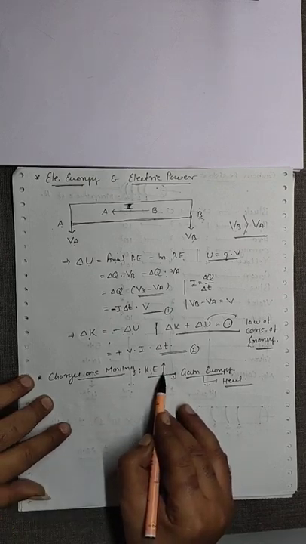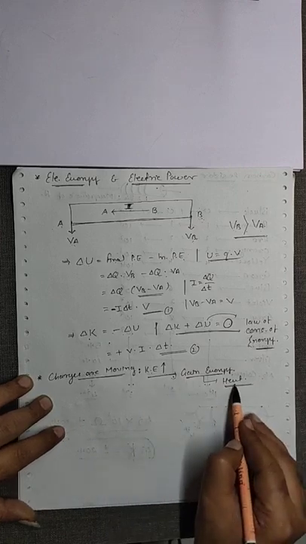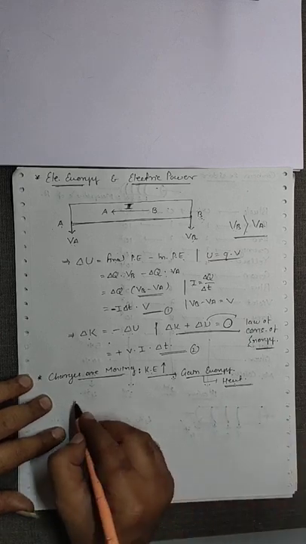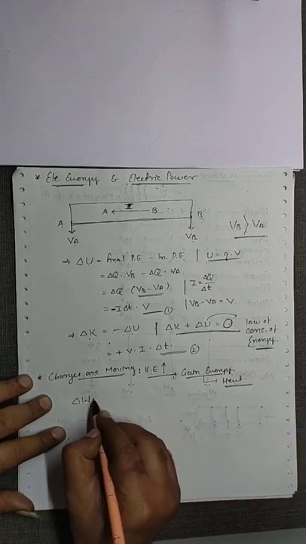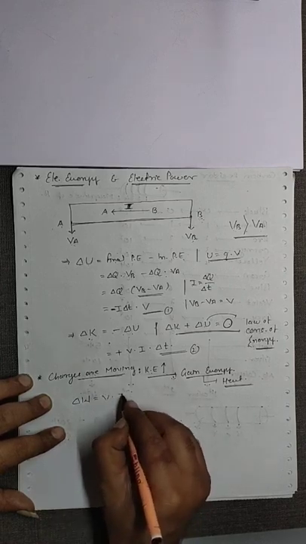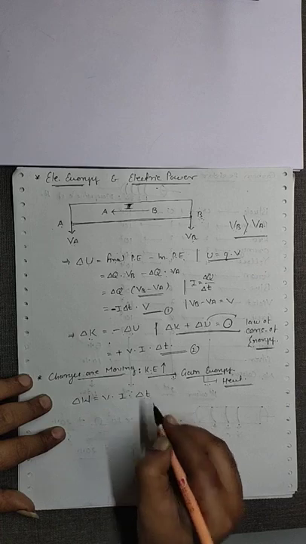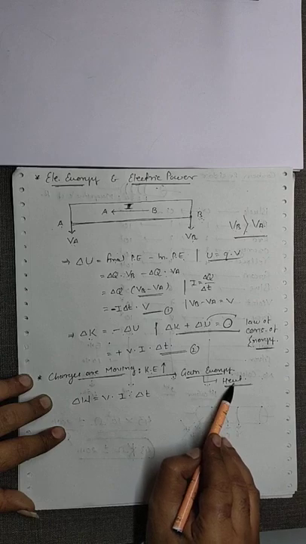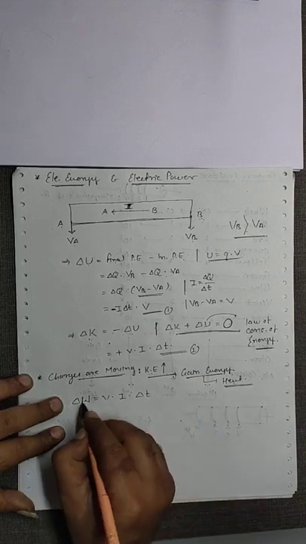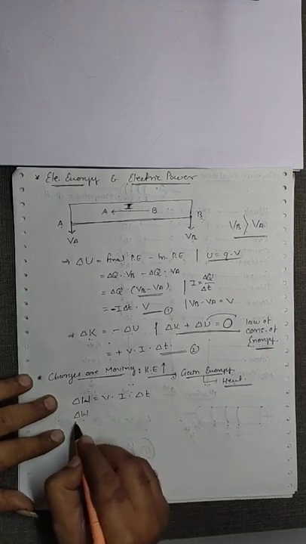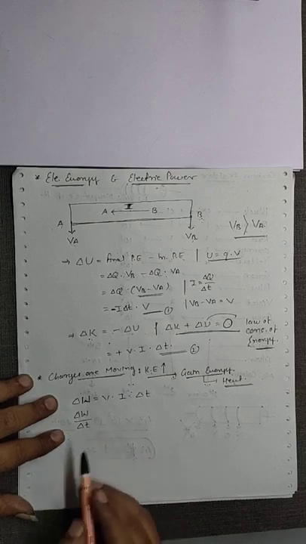This increase in kinetic energy comes out in the form of heat, and you know that heat is nothing but energy, that is delta W is equal to V multiplied by I multiplied by delta T. So the kinetic energy is converted into a heat loss, given by delta W. Take delta T on this side, so delta W by delta T. What is this?